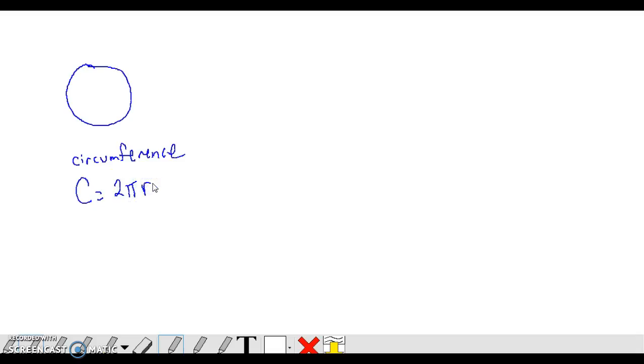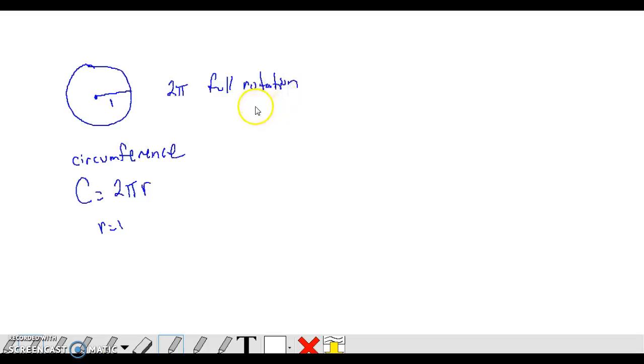Okay, so let's just say that r is equal to 1 in this circle. So my circumference, from the start all the way around, would be 2 pi. So that's a full rotation.